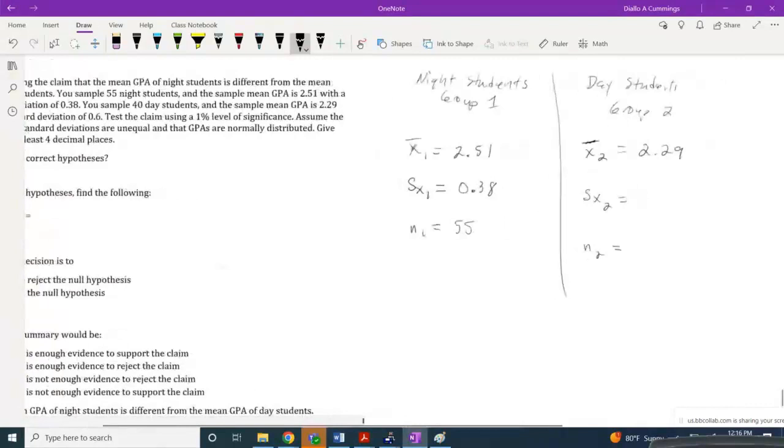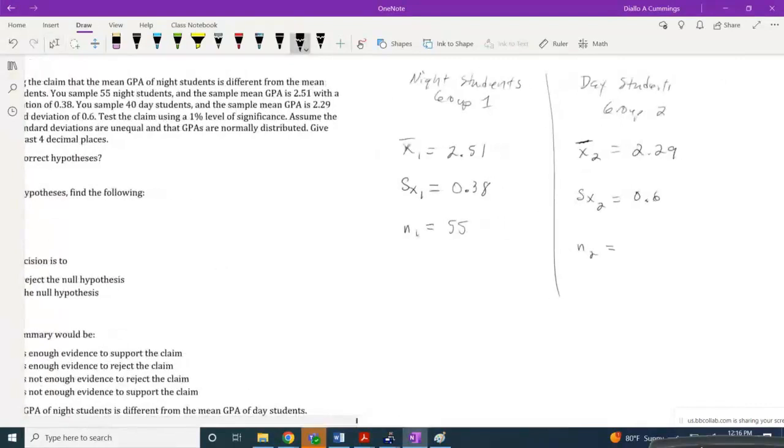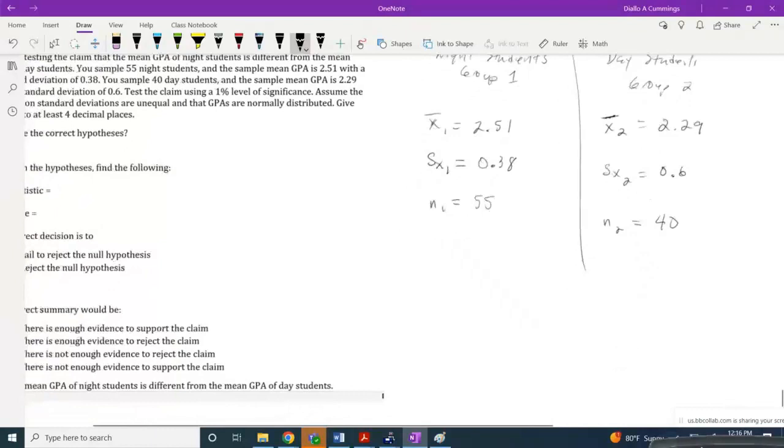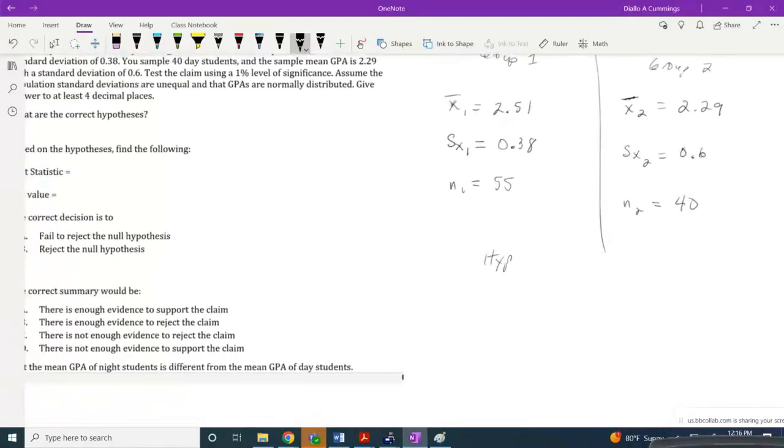The standard deviation is 0.6. And there were 40 students in that sample. So what is the null hypothesis? Remember, when you have to write them out, you're always going to use equal.